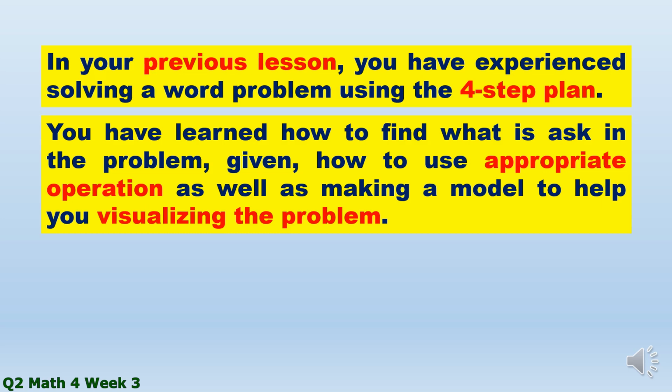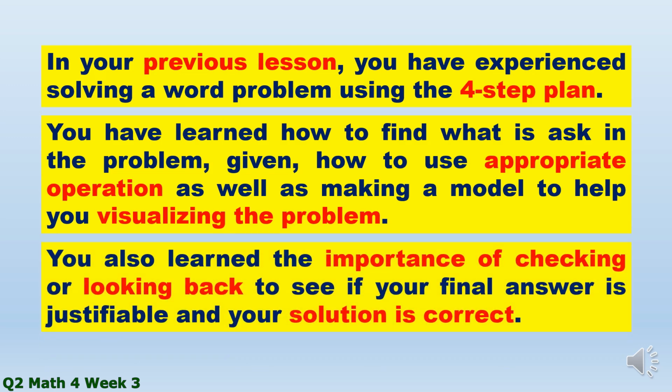You have learned how to find what is asked in the problem given, how to use the appropriate operation, as well as making a model to help you visualize the problem. You also learned the importance of checking or looking back to see if your final answer is justifiable and your solution is correct.